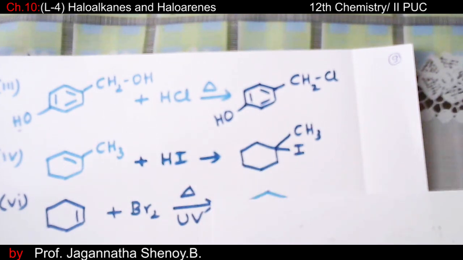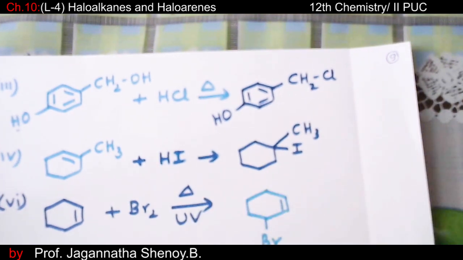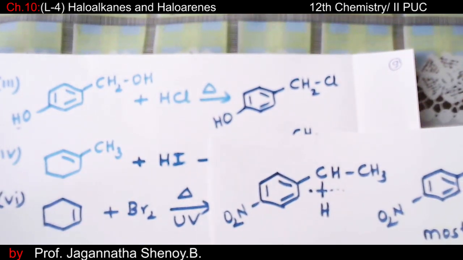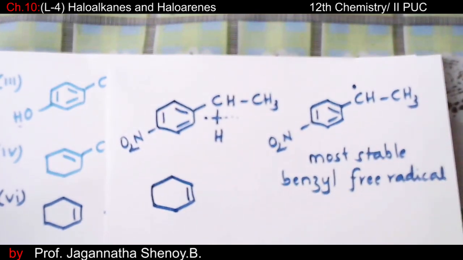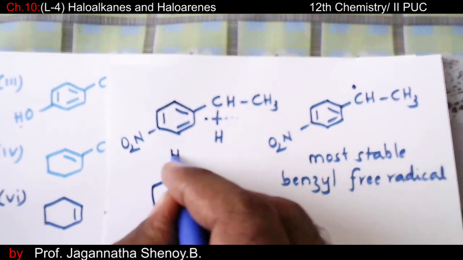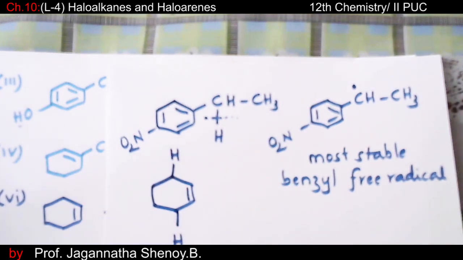And finally, if I consider this example, here is bromination, you are heating and then UV light here. It's a free radical substitution reaction. We call it allylic bromination. If you want to know how exactly the reaction takes place, it is this way. You have a double bond over here, right? So here you have hydrogen, here you have hydrogen.